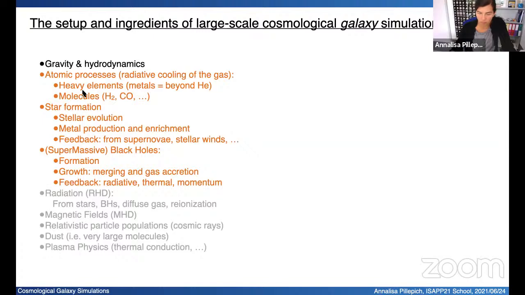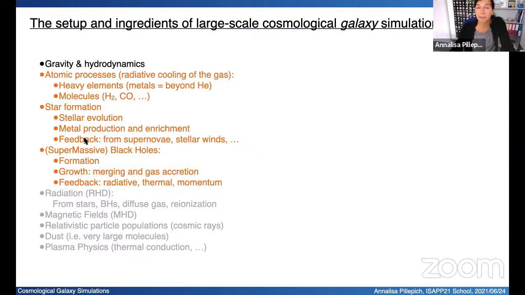At the minimum, if you want to understand the evolution of galaxies, you want to do star formation. You want to include stellar evolution, the production of metals. For us, these are elements beyond hydrogen and helium.